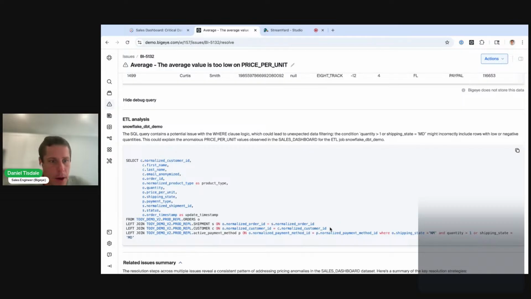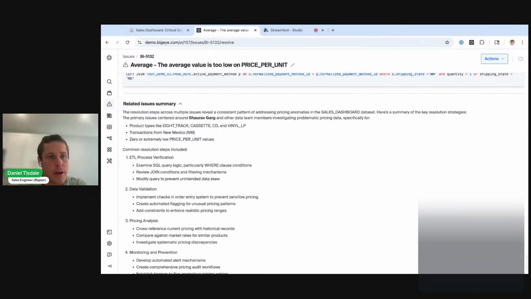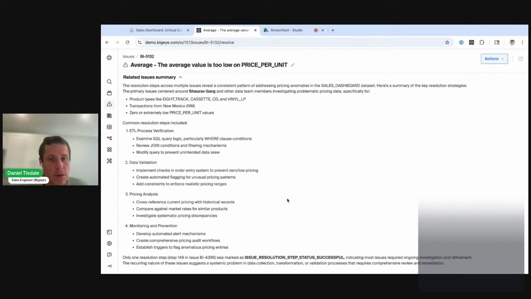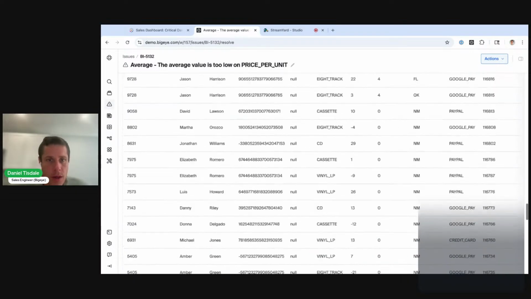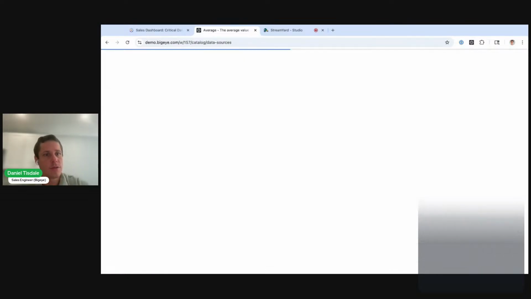Now, at the very bottom, the related issues summary, this is where, again, we can see, okay, there were some similar types of issues, and these are the steps that we took to ultimately fix and resolve that issue there. So this, again, kind of just gives you a nice and easy way to speed up the time to resolve any of these data quality issues.